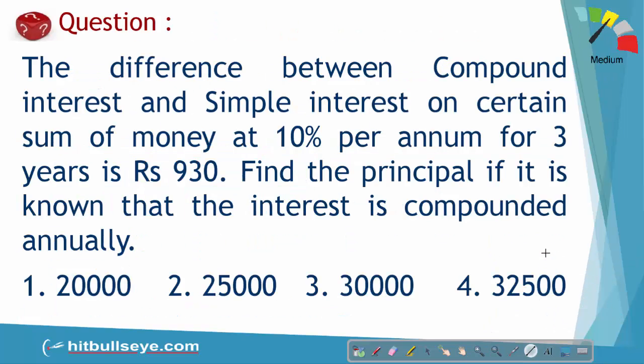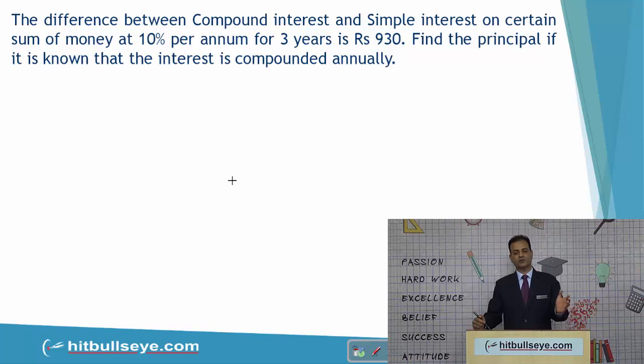Now the first question: the difference between compound interest and simple interest on a certain sum of money at 10% for 3 years is 930. Find the principal if interest is compounded annually. Friends, I have solved each question in detail, as you can see in the next slide.